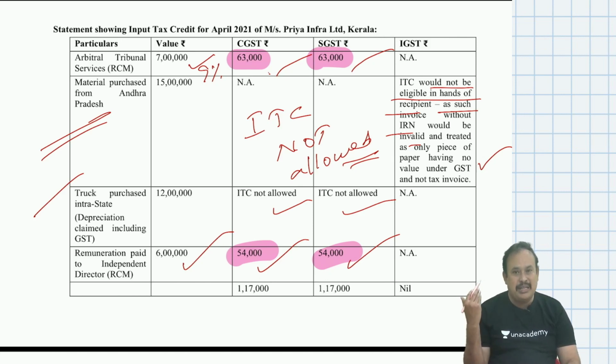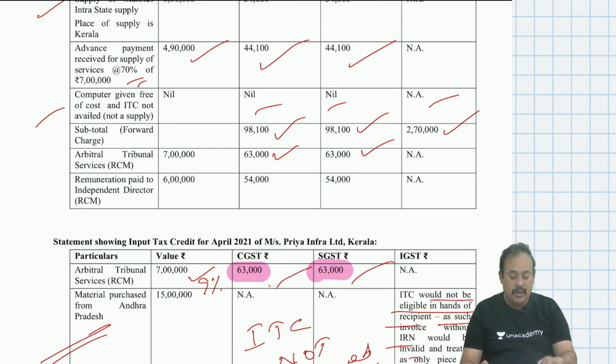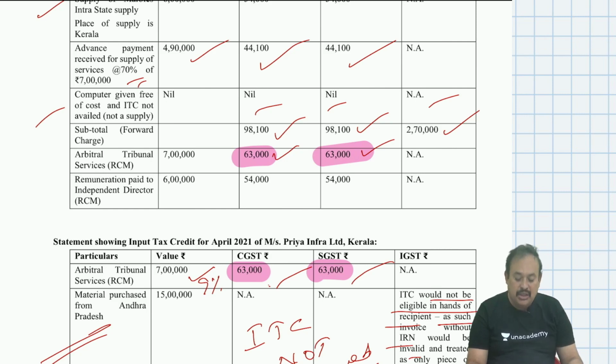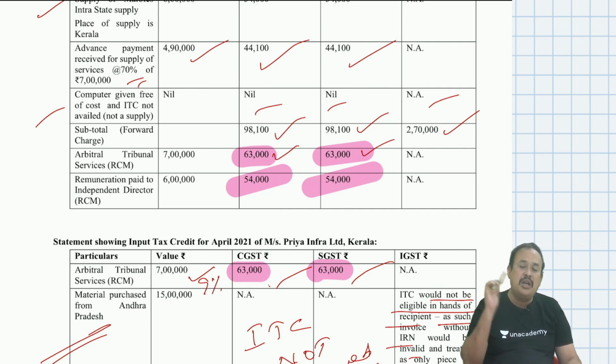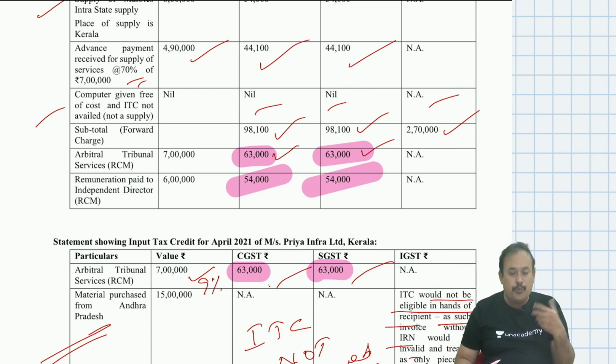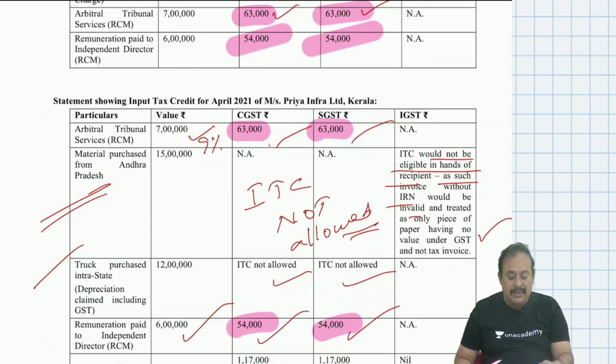I have taken it as input tax credit. The same has to be paid by tax, by electronic cash ledger. See here, 63,000 arbitral tribunal services liable to pay by cash, 54,000 rupees remuneration paid to independent director, on which GST liable to pay by electronic cash ledger. The same will qualify for input tax credit. I have taken. So we got the values, output tax, input tax, and set off it.